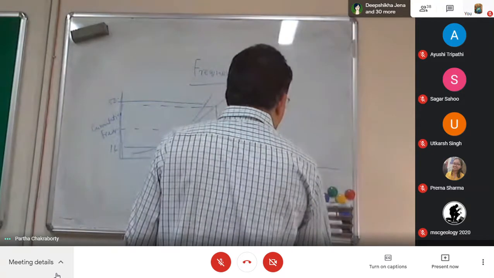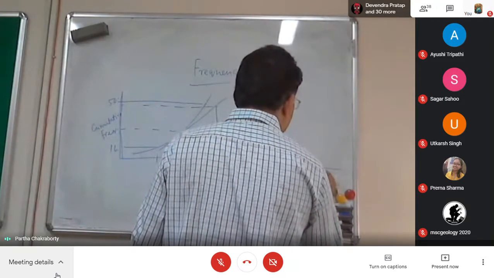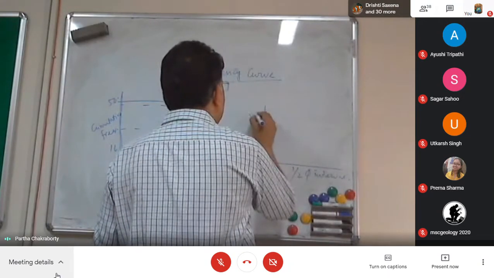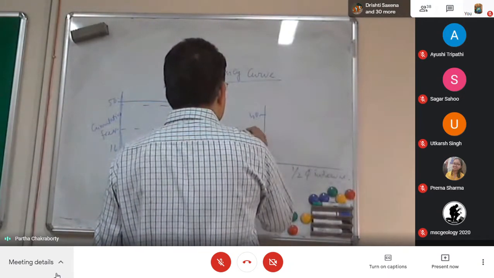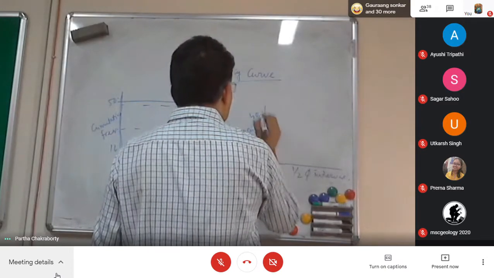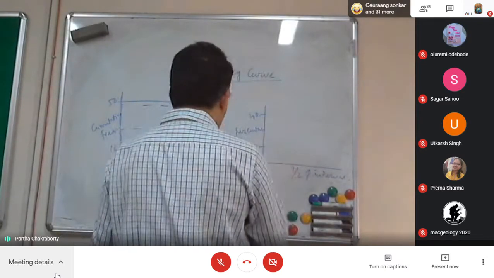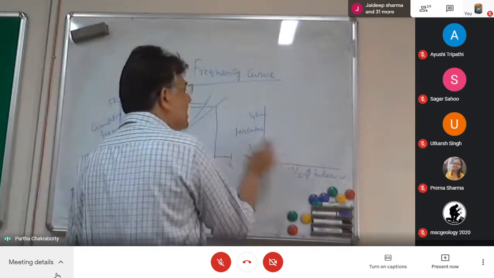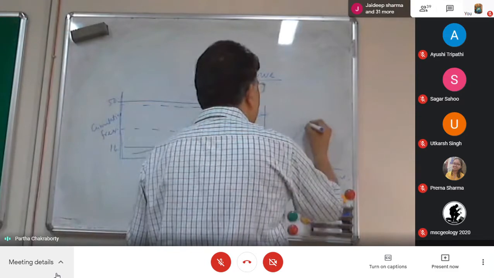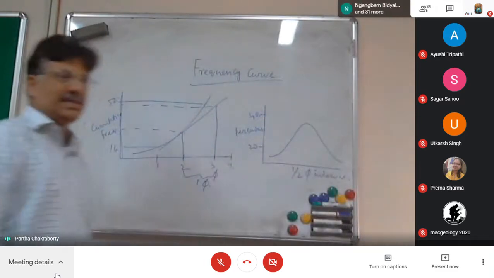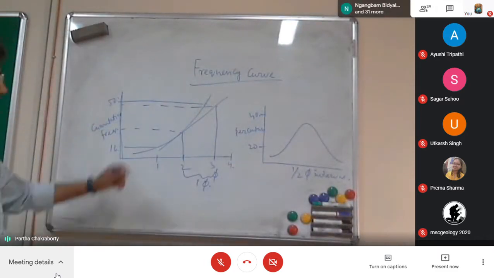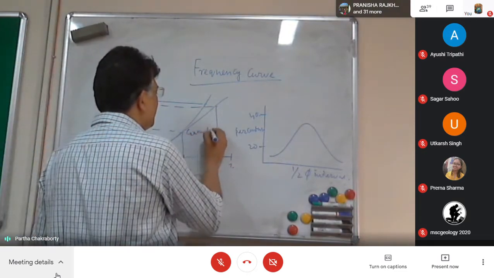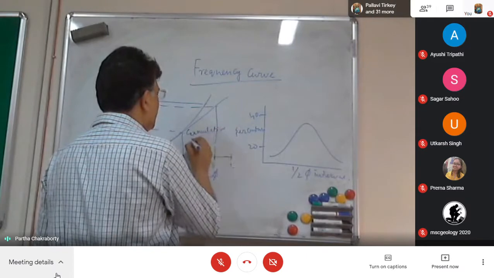We get half pi intervals and 20, 40. This is the percentage. So you go on plotting the half pi interval and the percentage it represents with respect to the half pi interval, and you get a frequency curve like this. So basically, this is the cumulative percentage frequency curve.